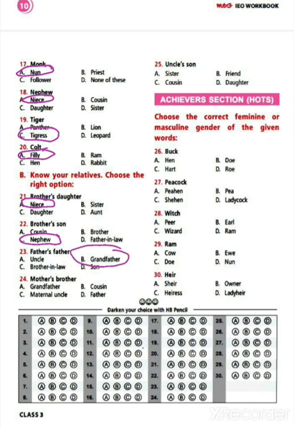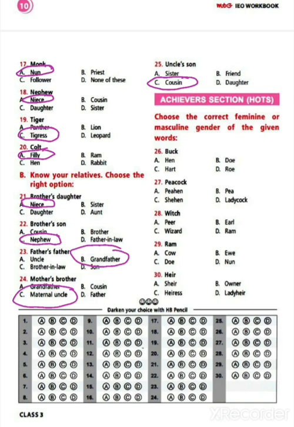Number 24, mother's brother is known as C, maternal uncle. 25, uncle's son is your cousin. Okay, it can be son, it can be daughter, it doesn't matter. There is only one word, that is cousin. We use it for both the genders. So C, cousin is your answer.